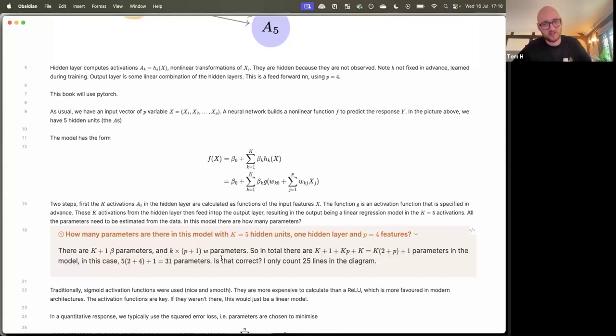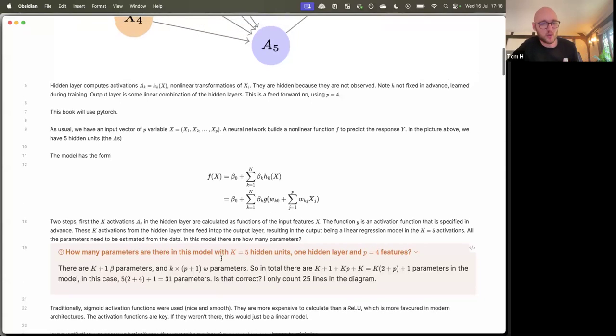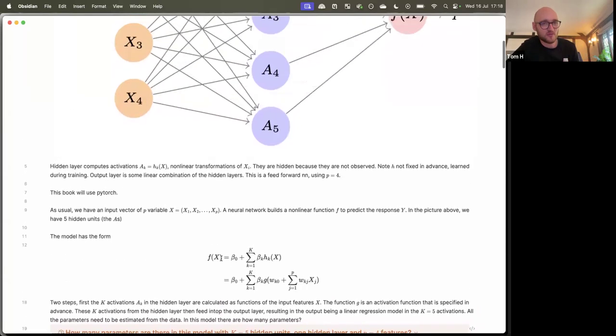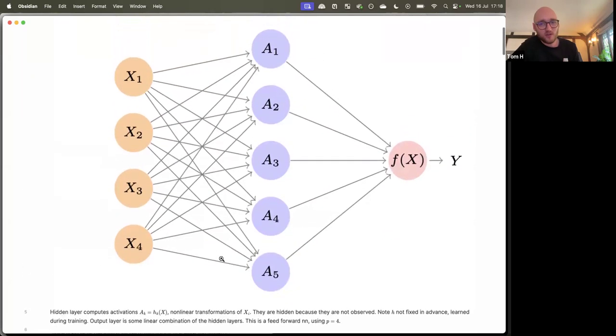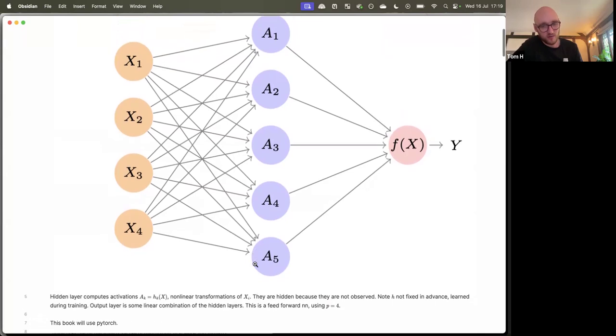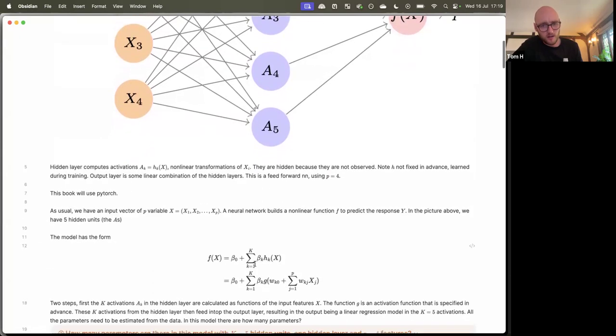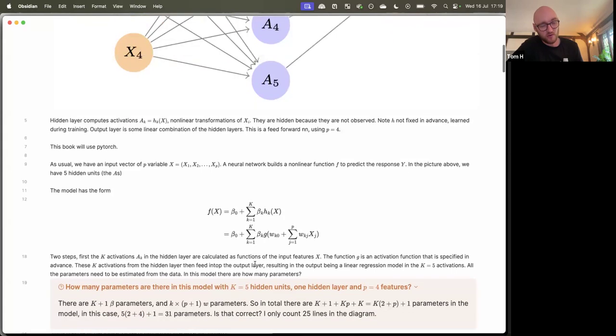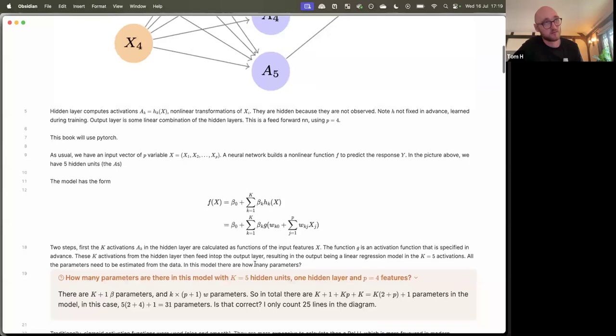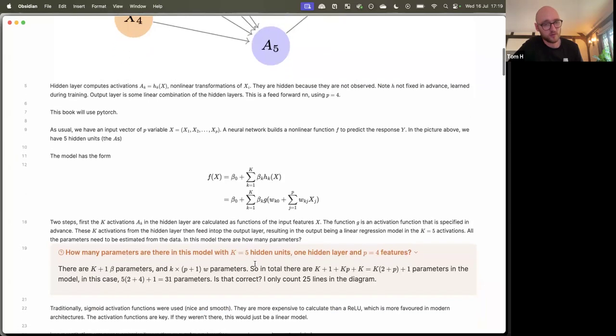I was trying to work this out by counting the number of lines in this diagram as a proxy for the number of parameters. I only counted 25 lines, but that's because I'm not including the intercept terms for each stage. That gives you the 6 left over to give you the 31 parameters. So it's a straightforward model in terms of logic, but has a lot of parameters in it, potentially compared to things we've seen earlier in the book.